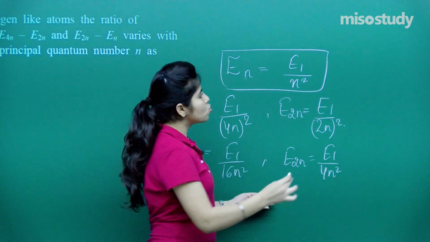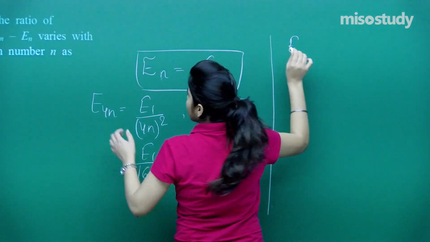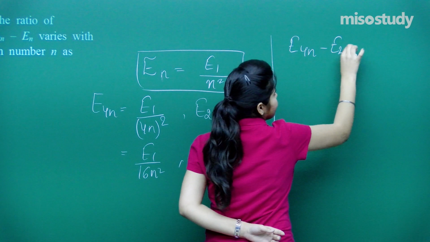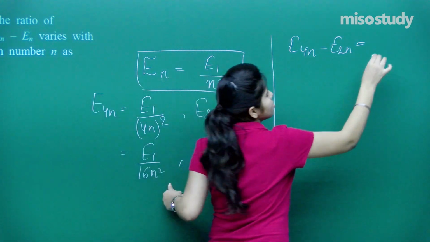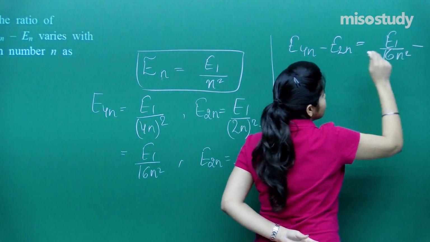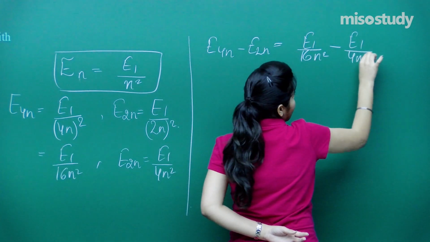So just look at this side, I am going to write E4n minus E2n, and E4n is E1 upon 16n square minus E2n, E1 upon 4n square.